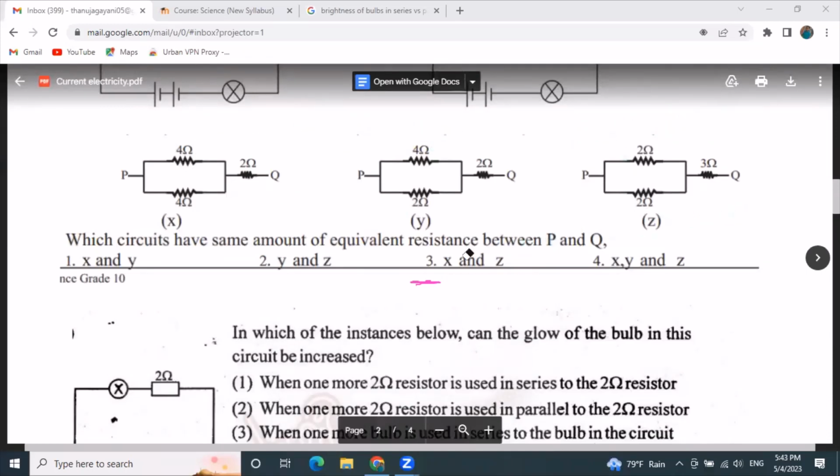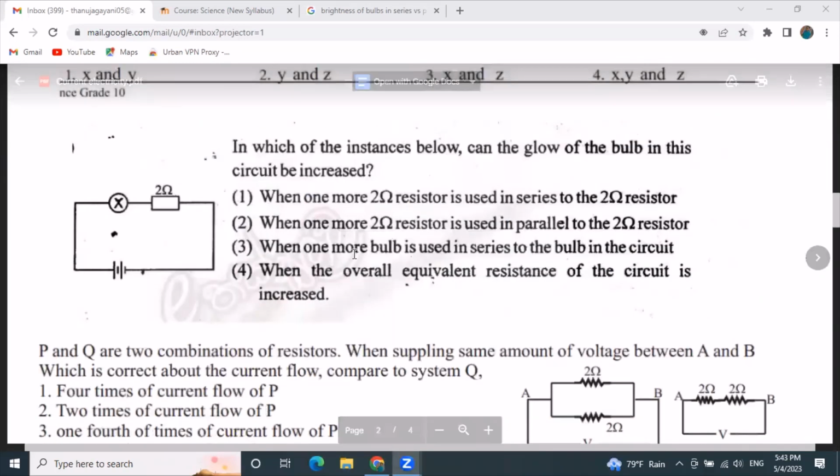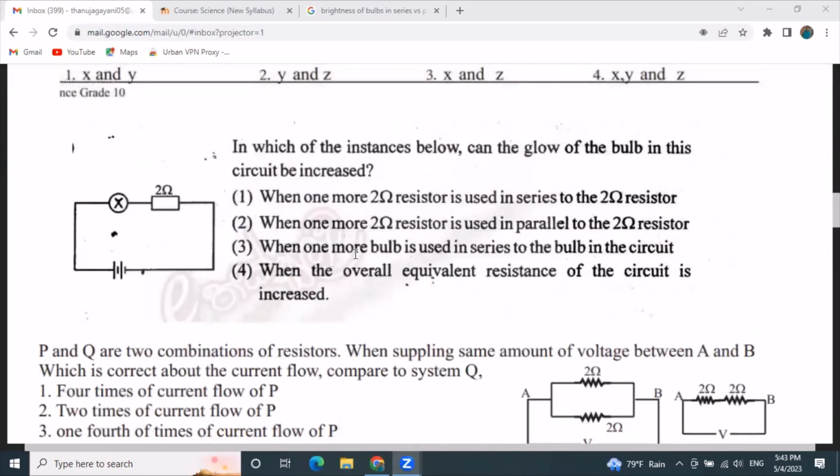Let's move to the next question. In which of the instances below can the glow of the bulb in the circuit be increased? We know that the glow of the bulb depends on the current flowing through the conductor, and the current flowing through the conductor depends on the resistance of the circuit.